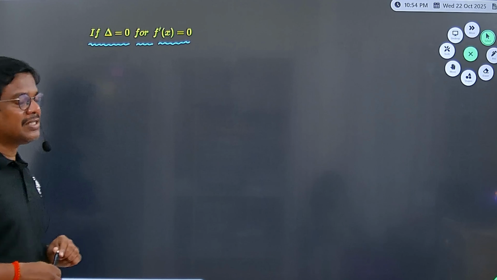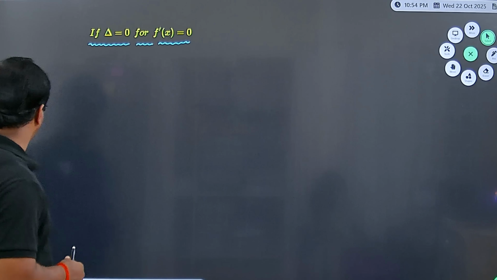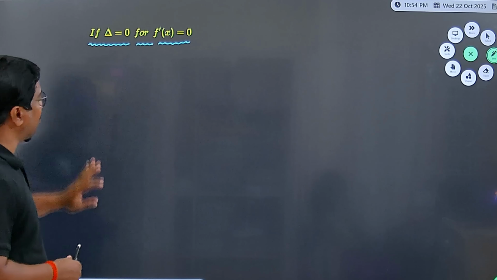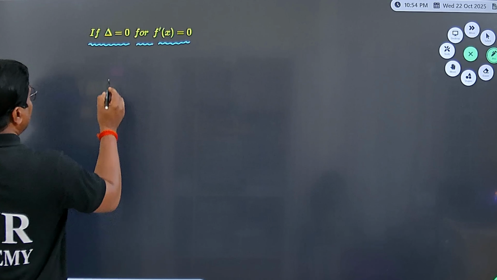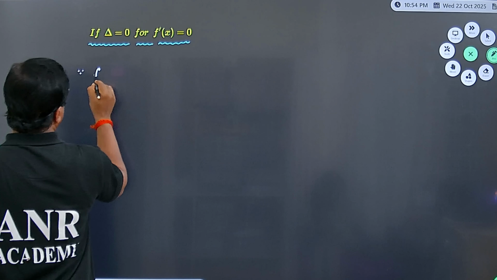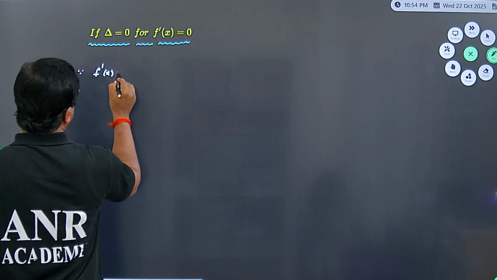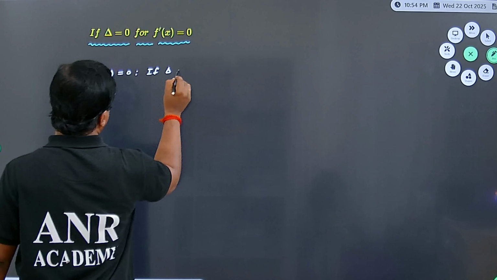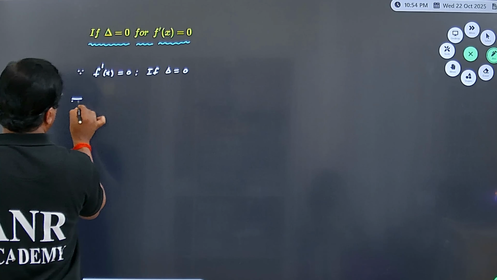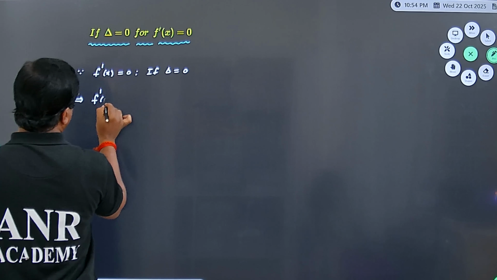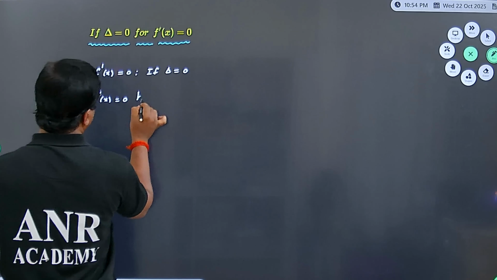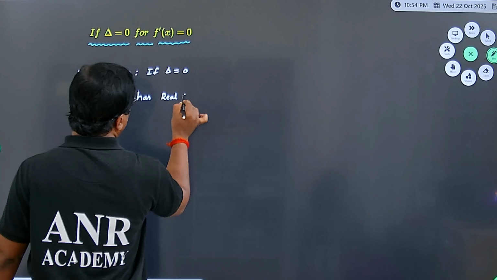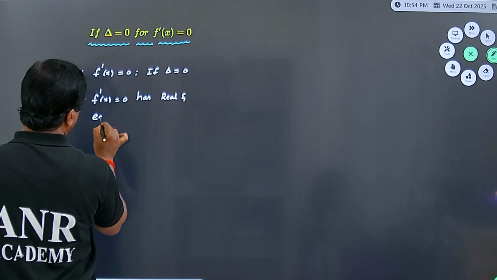If delta equal to 0 for f dash of x equal to 0, then let us discuss the nature of the roots of f of x. First, if the discriminant equal to 0, I can say that f dash of x equal to 0 has real and equal roots.